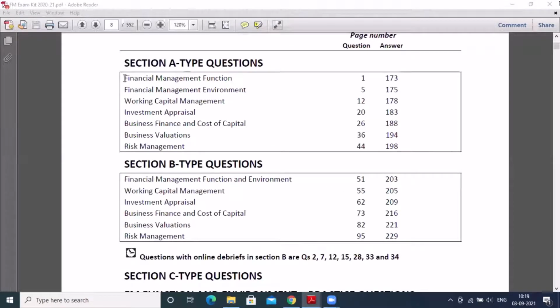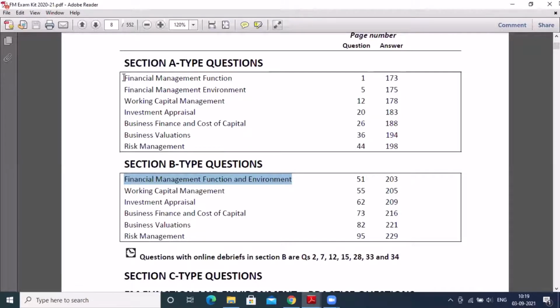Section A, financial management function, environment function. Section B, financial management function and environment. So there are scenario based MCQs and normal MCQs in Section A and Section B. I want everyone to please go through these MCQs from your examination. This is an assignment and I want everyone to see.